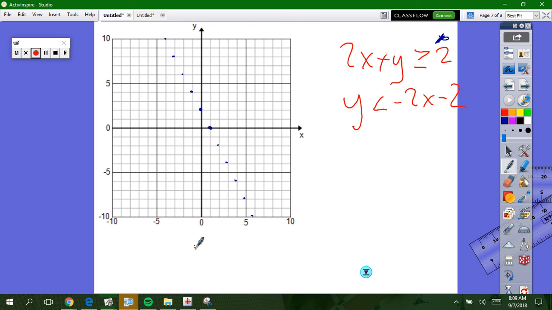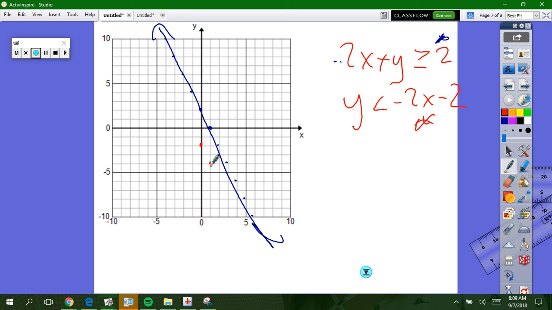Okay, should that be a dotted or solid line? Top one? Thank you. Abigail, right? Okay. This one I'm going to do in red. Starting out at my y-intercept at -2.